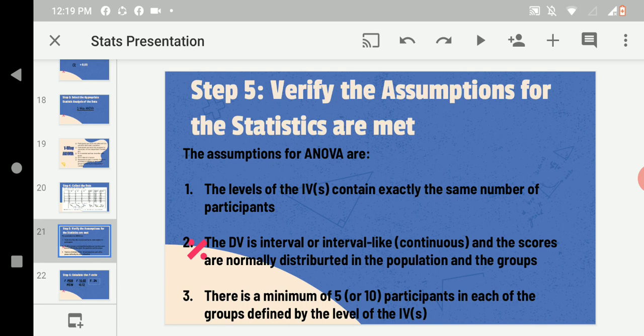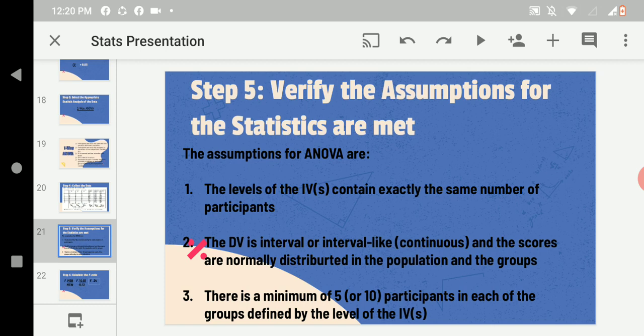So we have to verify the assumptions. From the book of Turner, she said that it's very important that as researchers, we verify all the assumptions, whether they are met or not. Because if they're not met, what's the sense of using this kind of statistical tool?